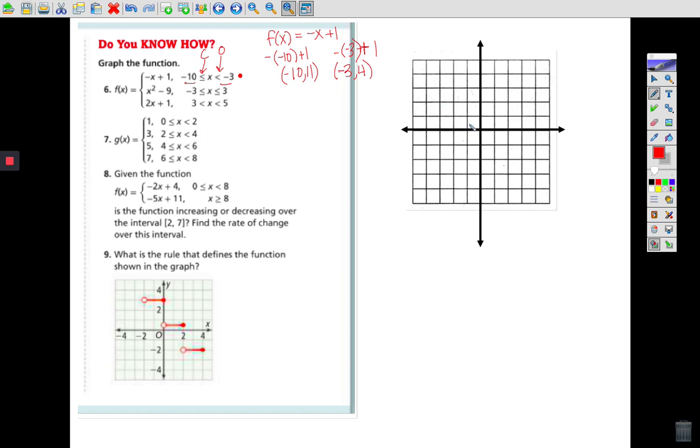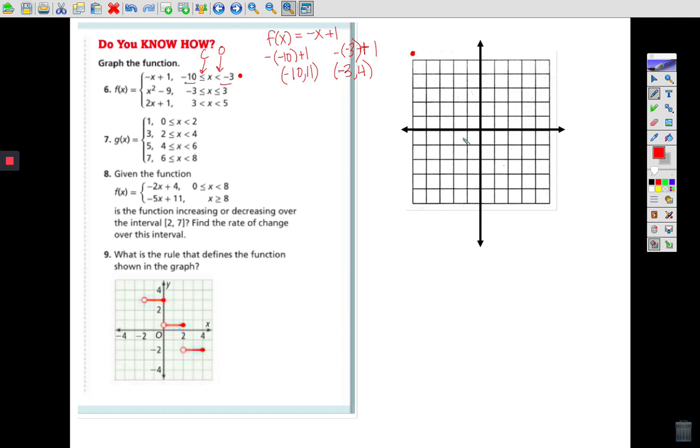So at negative 10, if I go 1, 2, 3, 4, 5, or I could go by 2s: 2, 4, 6, 8, 10. 2, 4, 6, 8, 10. We could go up 1 just a little bit to make it 11. And it should be a closed circle.